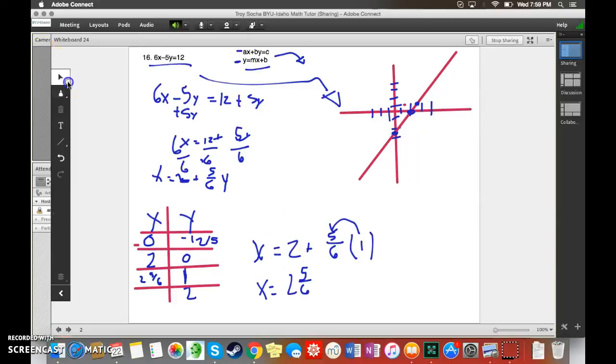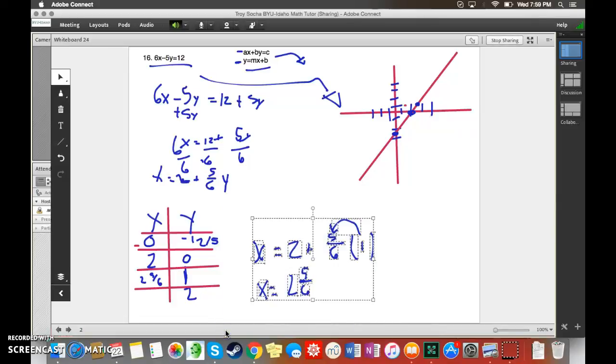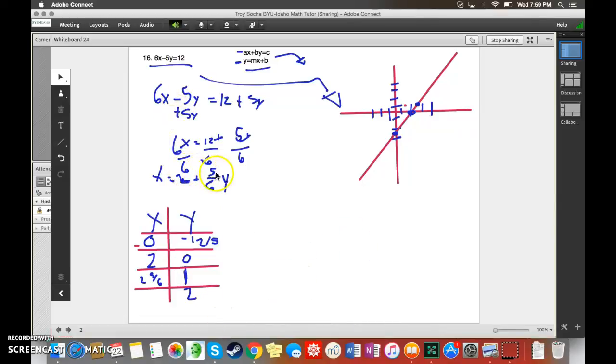So let's do this final one, and I'll give you a couple seconds to see if you can solve it without me. And then we'll work. Remember, our equation is x equals 2 plus 5 over 6y.